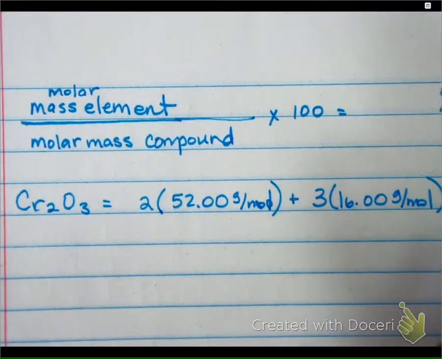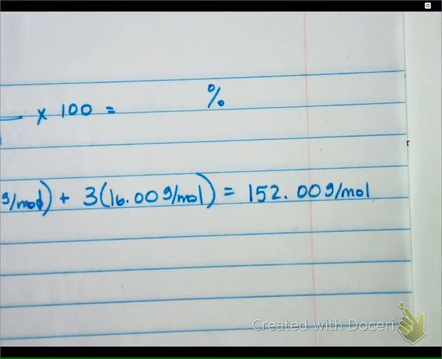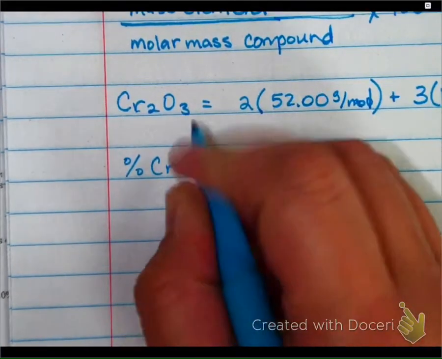And when you do the math on that, you get this molar mass of the compound, 152.00 grams per mole.